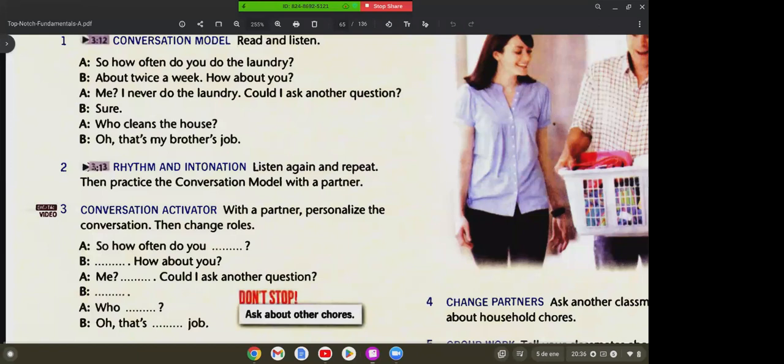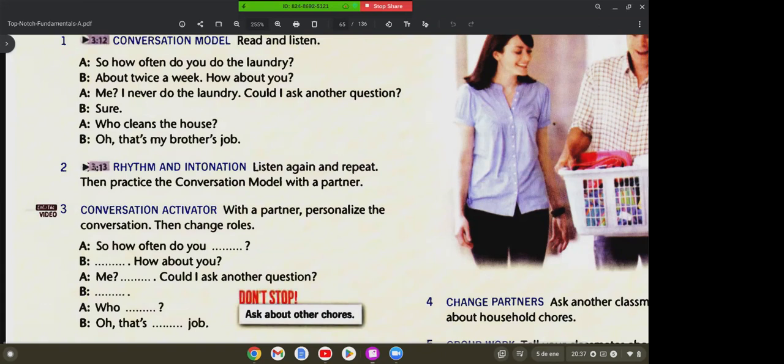About 3 times a week. How about you? Me, I never wash the bicycle. Perfect. Could I ask another question? Sure.